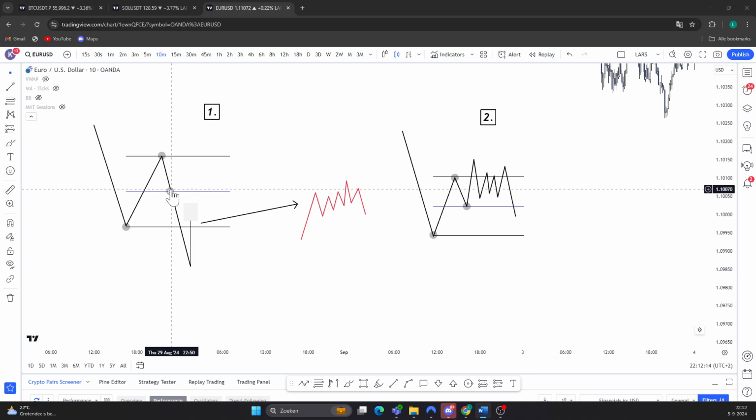But I want you guys to be rational. A range is when prices are going sideways. Yes, you have your range low, you have your range high, you have the move back down, confirming the range.